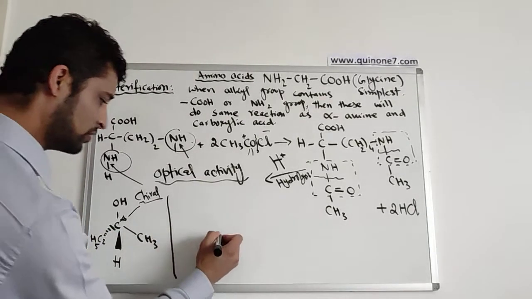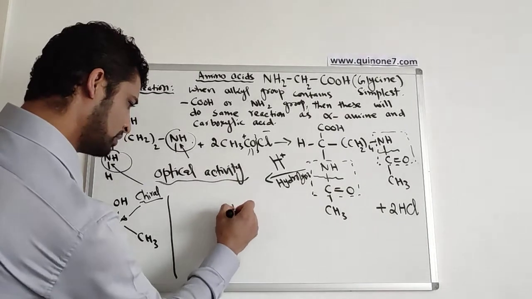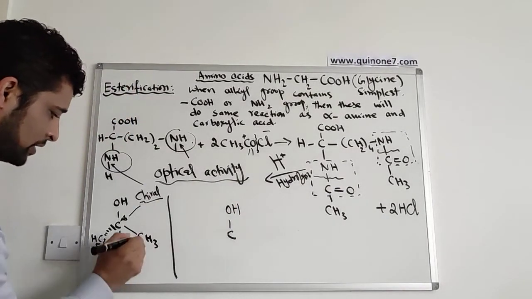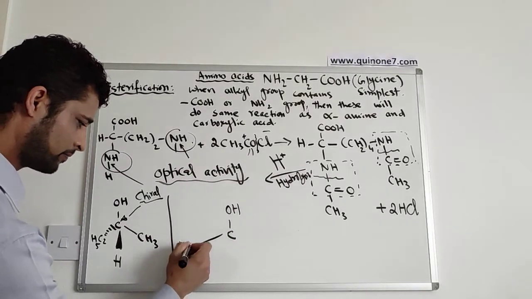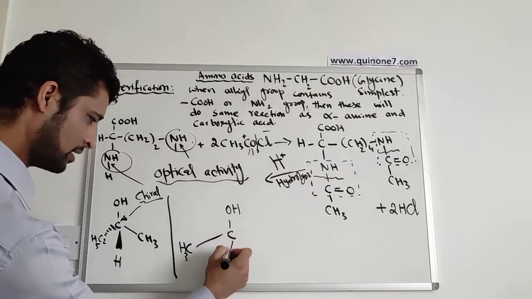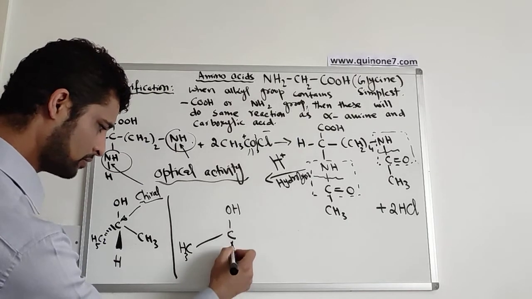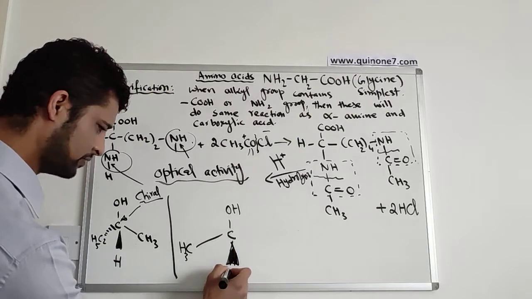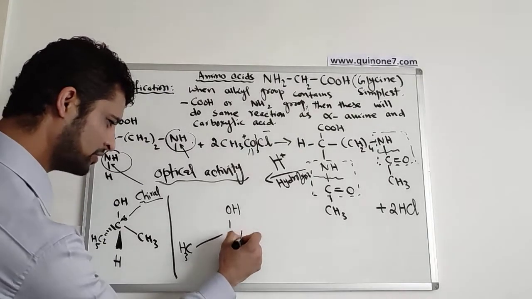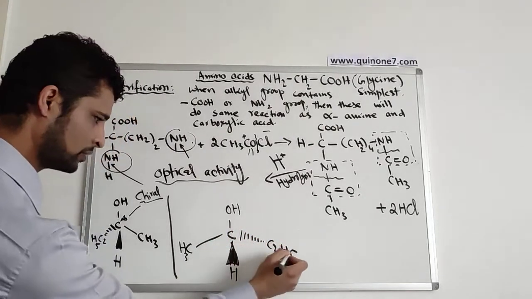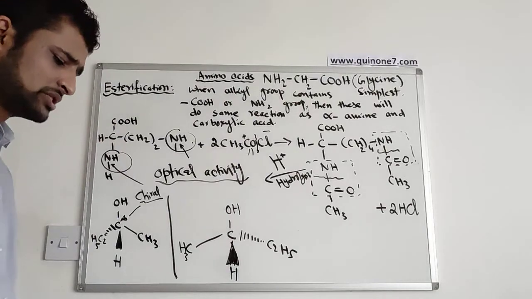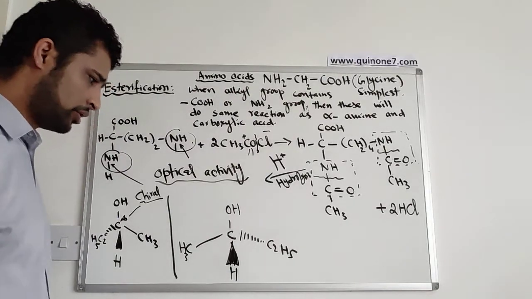So if you look at this one and you put a mirror in front of it, this CH3 will come on this side like that, and you will have hydrogen there, and then C2H5 on the other side. It's just like the rule like that.